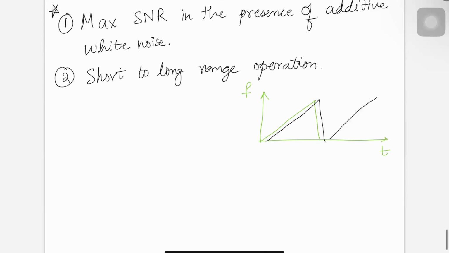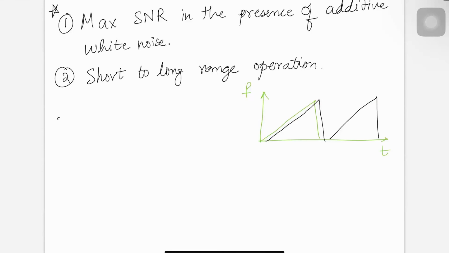If the response comes somewhere here and you multiply the two signals, you get basically 0. But in pulse radars, even if you get a response much after the transmitted pulse has died out, you can still perform these operations because it's just a correlation. So you can use it for radars with very long range operation, from short to long, and look at very wide swaths on the ground. That's one of the advantages.